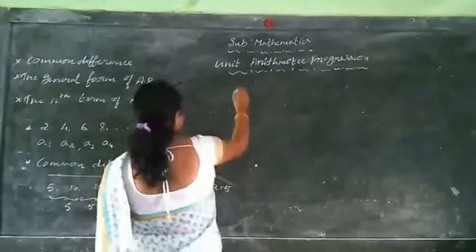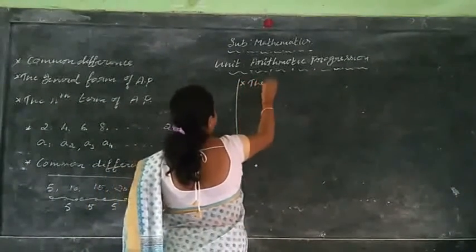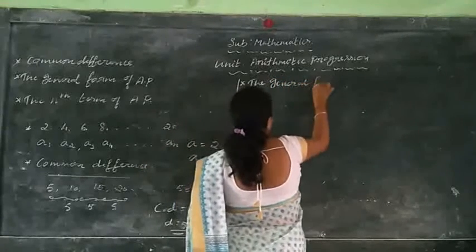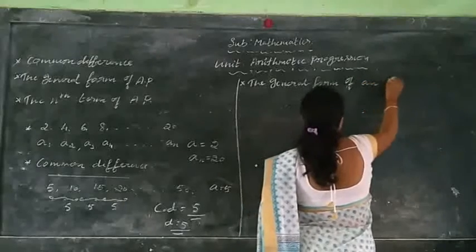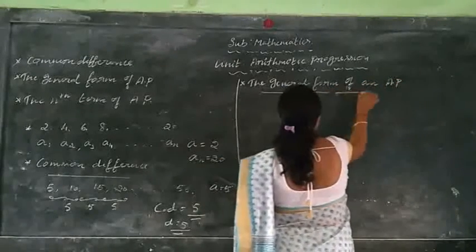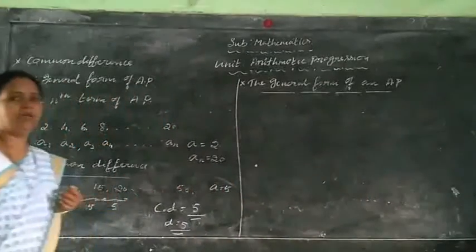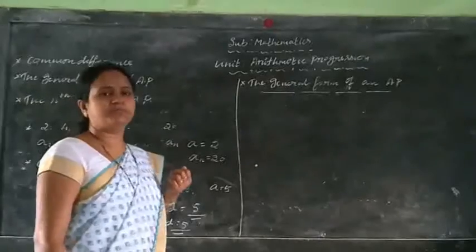Okay. The next is, children, the general form of an AP. The general form of an AP. Okay. What do you mean by general form of AP? How to write this one?